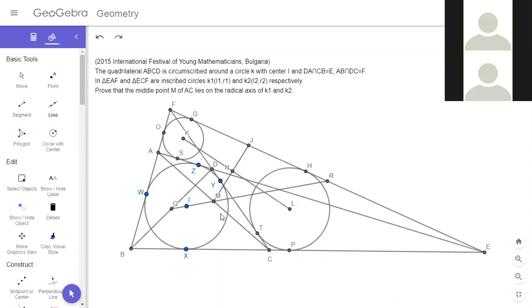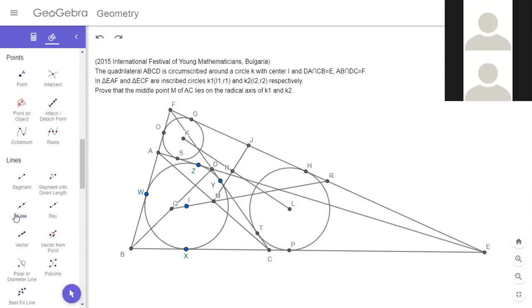Yeah, I want to try to find some special property of point M. It's hard to see though. So we want to use that this is a circumscribed quadrilateral. Is J the Miquel point? That would be bizarre. I don't think so.